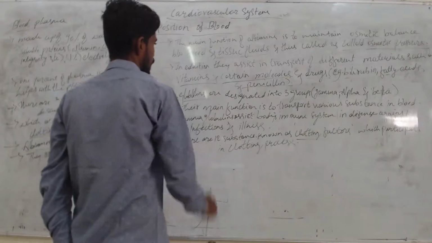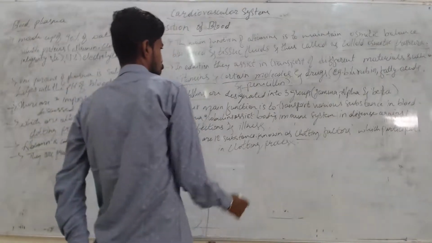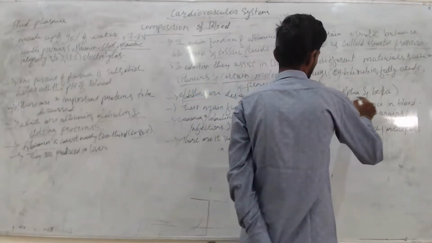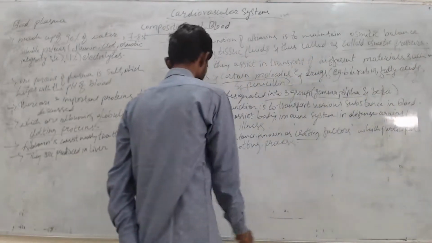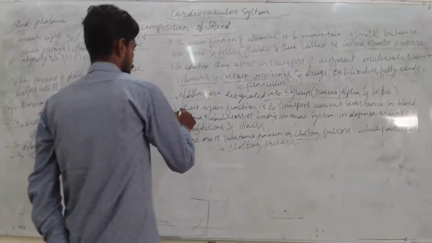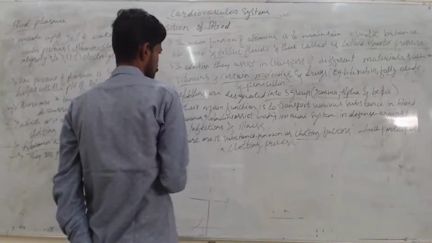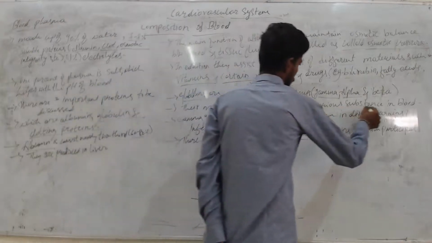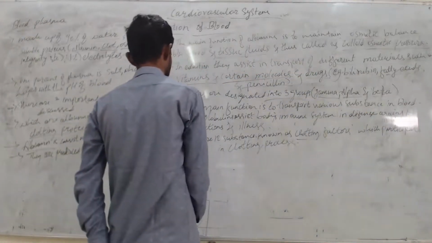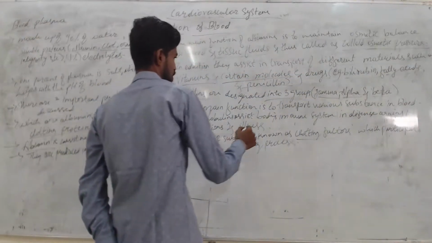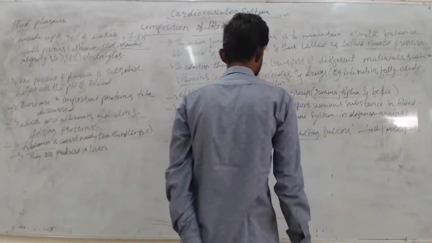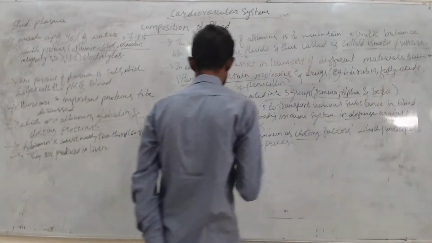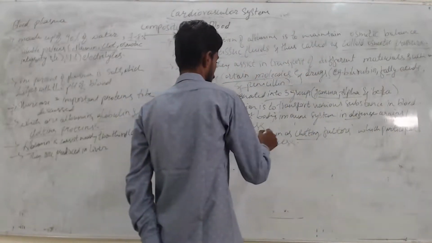The globulins are designated into three groups, which are called gamma, alpha, and beta. The globulins' main function is to transport various substances in blood, and gamma globulins assist the body's immune system in defense against infections and illness.